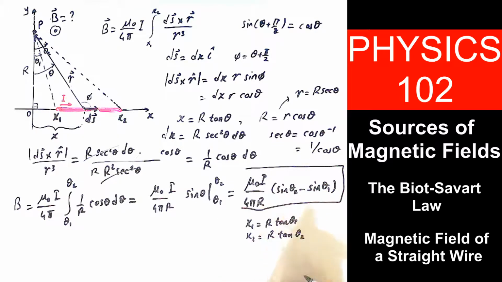In turn, sine theta 1 is nothing but x1 divided by the square root of x1 squared plus r squared, and sine theta 2 is just x2 divided by the square root of x2 squared plus r squared.